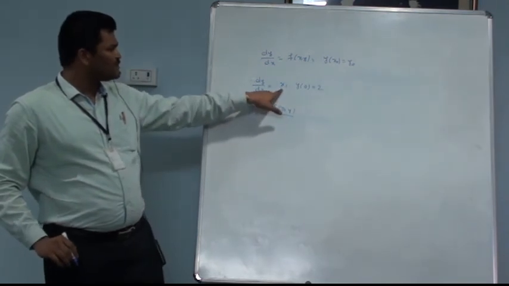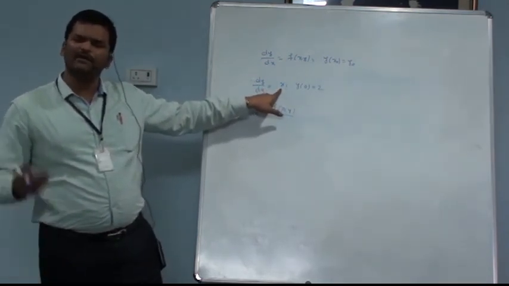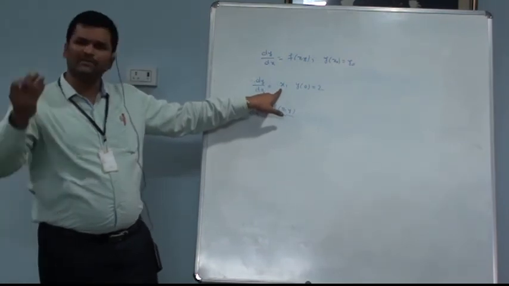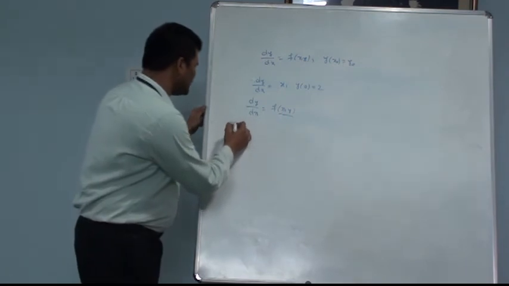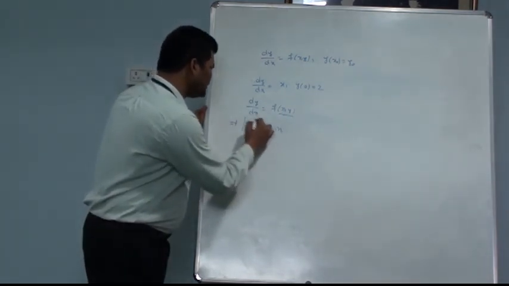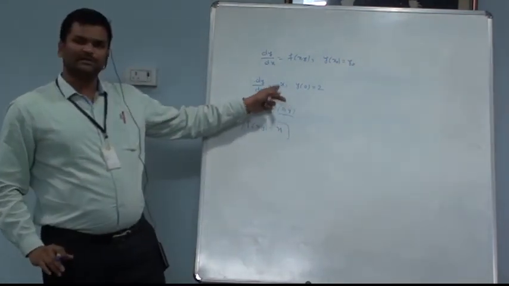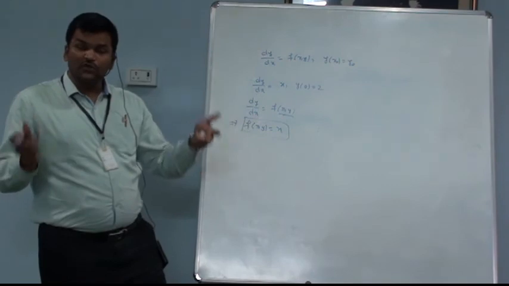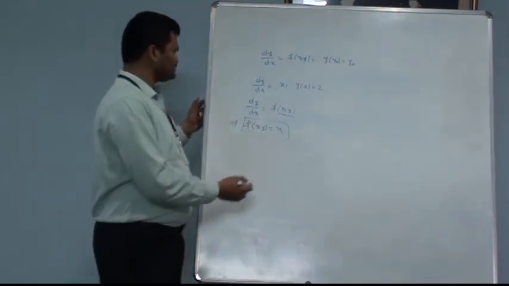Here f of x, y is equal to x in our problem. This x is defined everywhere. We can take any value for x. So this initial value problem has a solution. What type of solution exists, that we will concentrate on one by one.